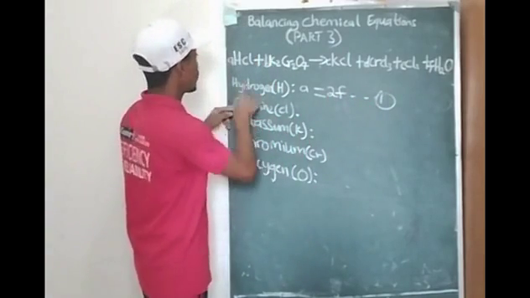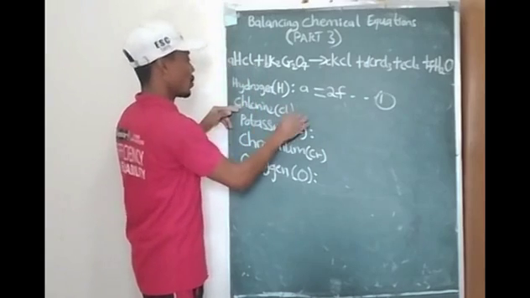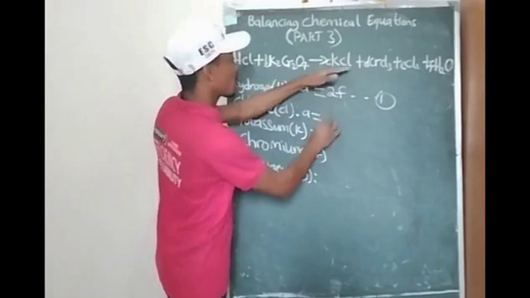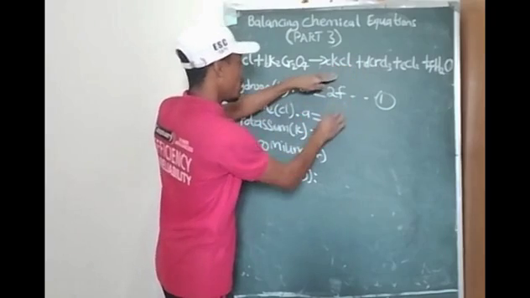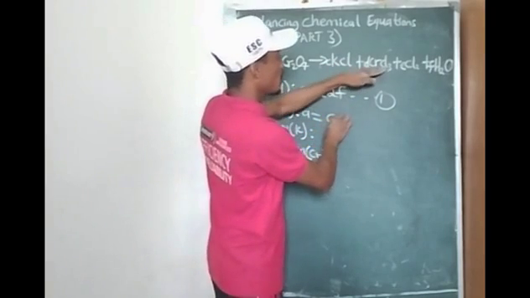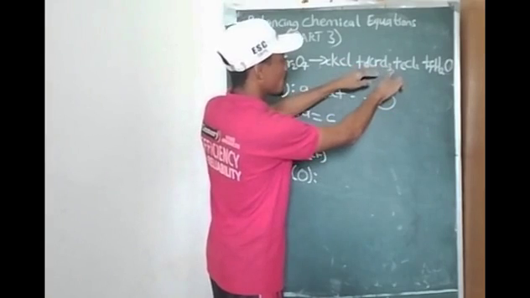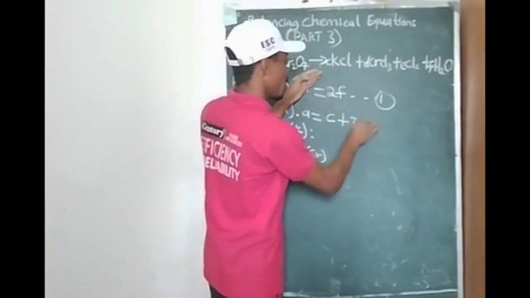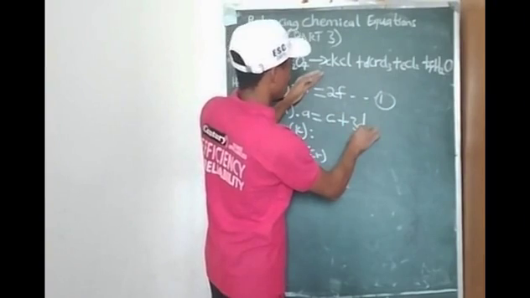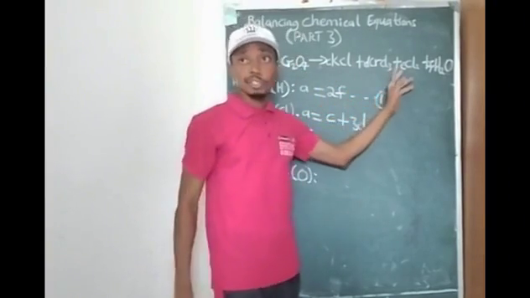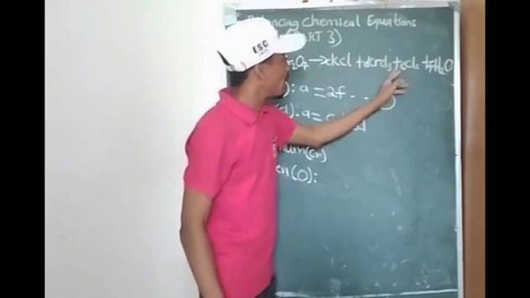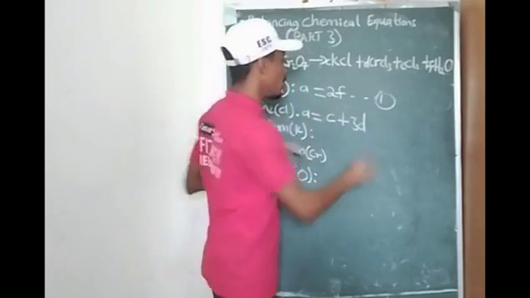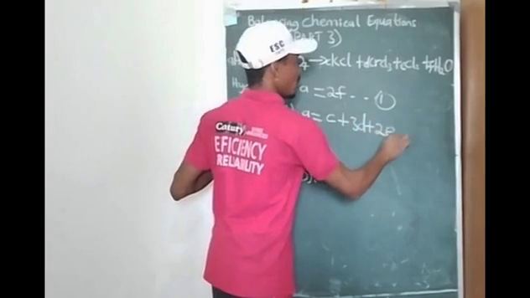The second equation, for chlorine: 1 times A, so A equals chlorine? Yes, 1 times C equals C. Chlorine? Yes, 3 atoms of chlorine in chromium(III) chloride, 3 times D, that's plus 3D. Another chlorine, 2 times E, that's plus 2E.